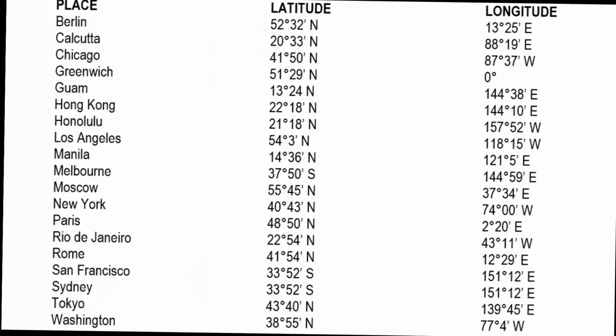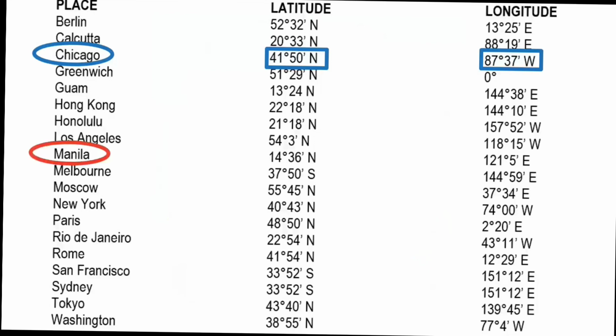This is just to show you the coordinates of the different places. We have Berlin up to Washington, with latitude and longitude. For example, Chicago has a latitude of 41 degrees, 50 minutes north with a longitude of 87 degrees, 37 minutes west.